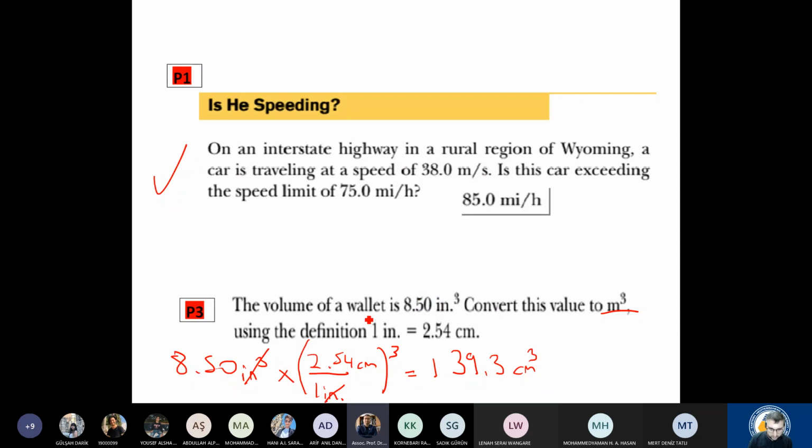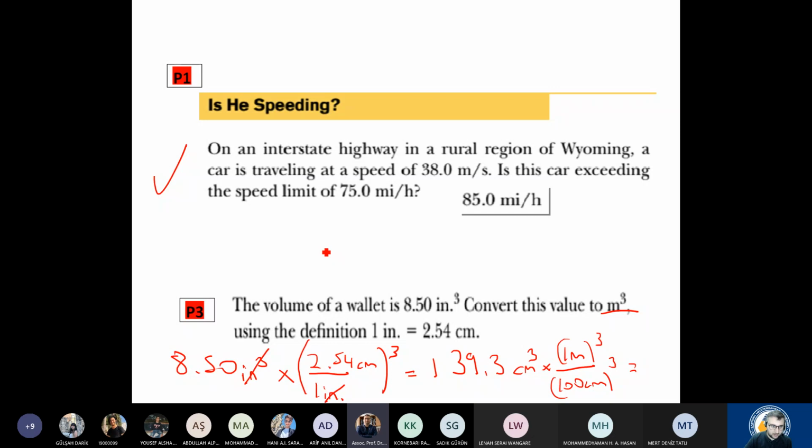So how can you convert it? Times 1 meter is 100 centimeter, but again you must take the cube, so divide by 100 to the power 3. So at the end you will find your answer in terms of meter cube.